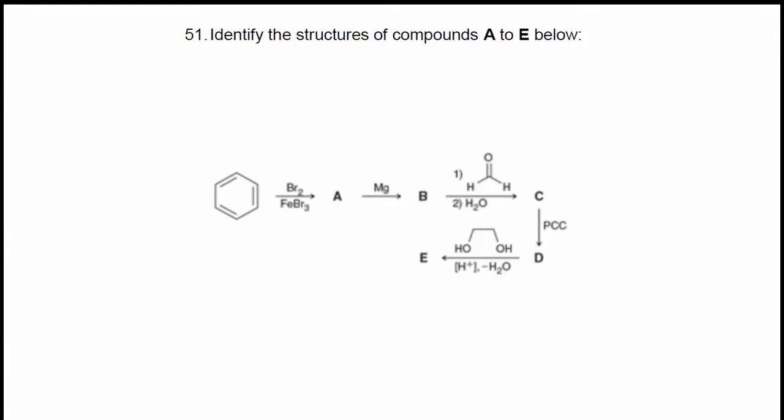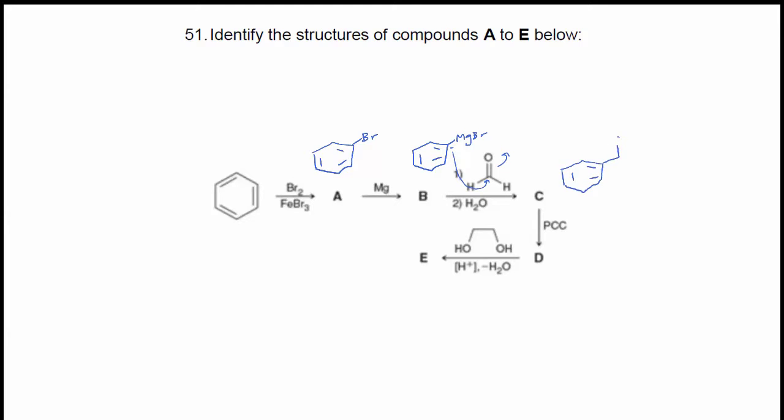All right, so hopefully for A, you added a bromine. It can go anywhere on the ring. And the addition of magnesium metal is going to make it into a Grignard. So we insert the magnesium in between the benzene and the bromine. And then we add formaldehyde to that. So this carbon here can attack here. So we're adding a carbon.